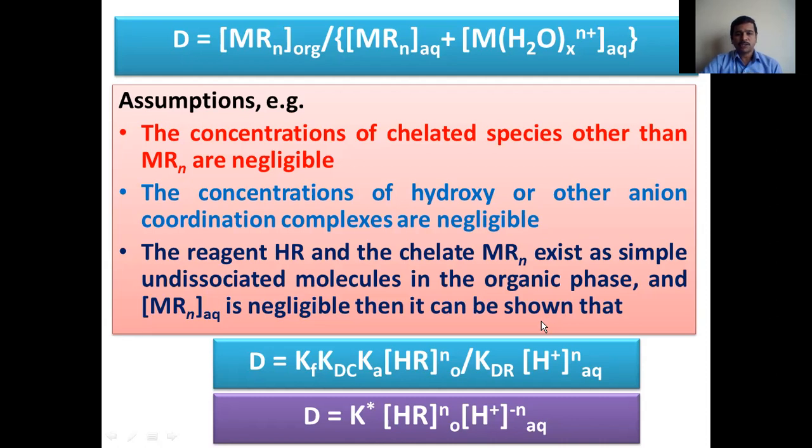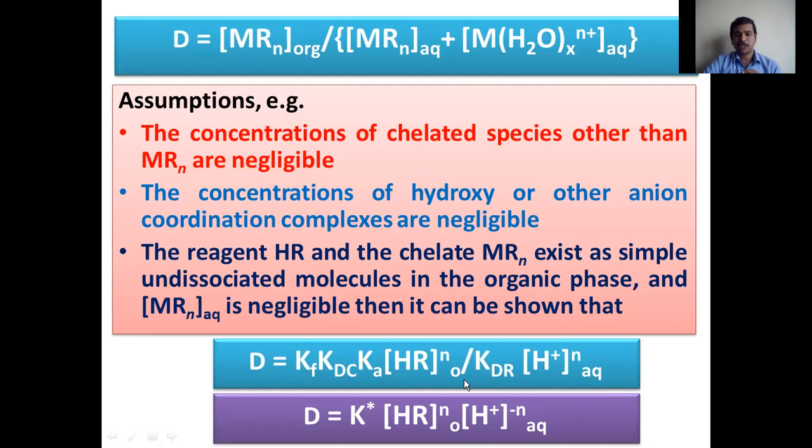So, under such circumstances, by using these three important assumptions, we can write the distribution ratio expression as D equal to Kf into KDC into Ka into the concentration of HR to the power n in the organic layer, divided by KDR into the concentration of H plus to the power n in the aqueous layer.